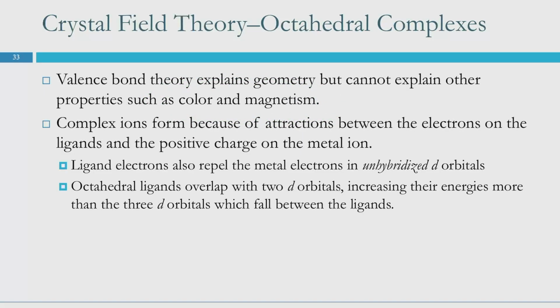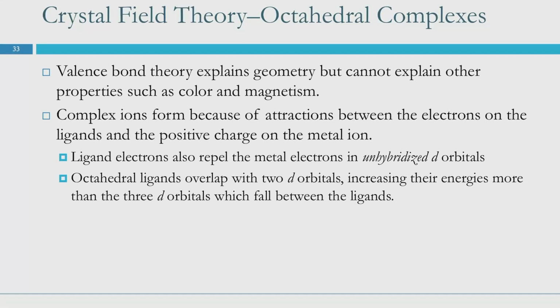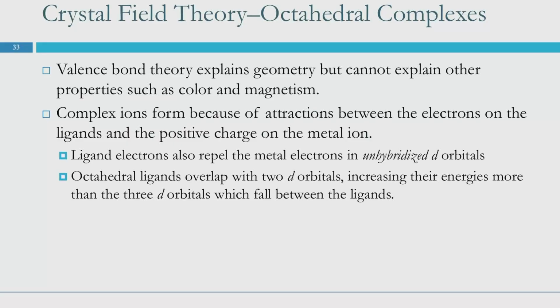So the complex ions form because of attractions between the electrons on the ligands and the positive charge on the metal ion, which we've talked about. So some Lewis base, Lewis acid things going on there. Our ligand electrons also repel the metal electrons in unhybridized d orbitals.